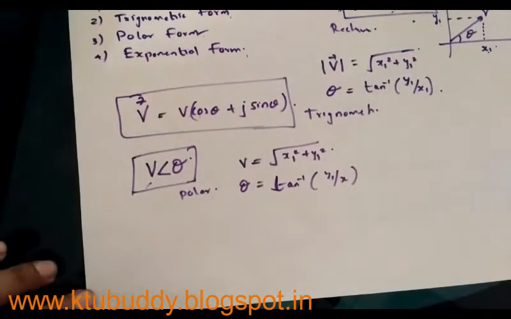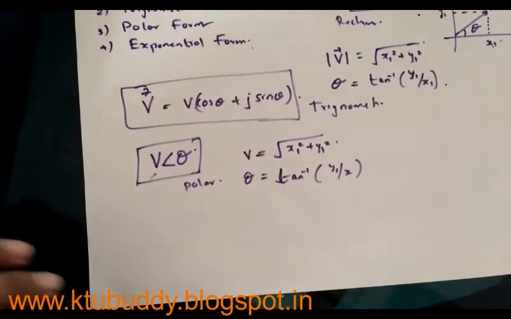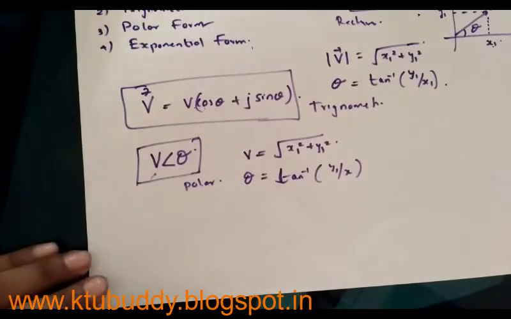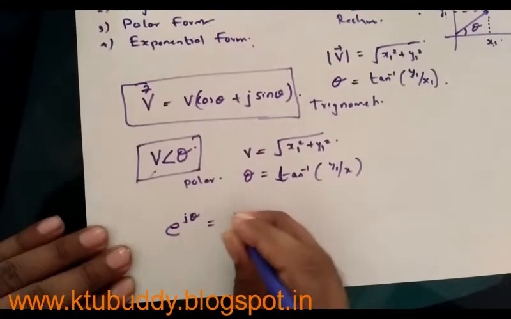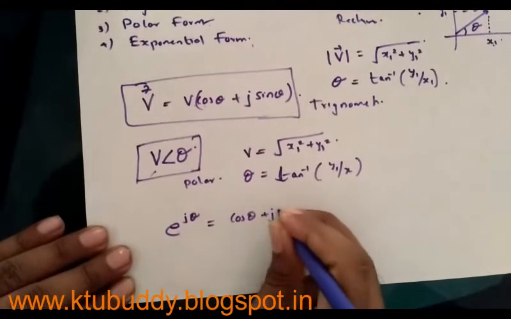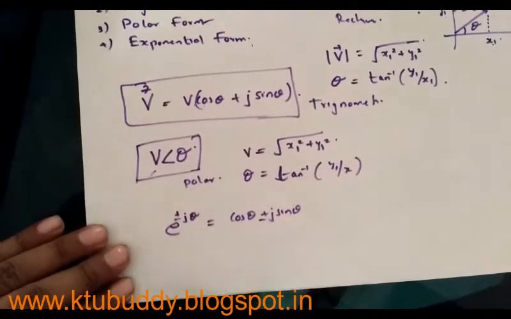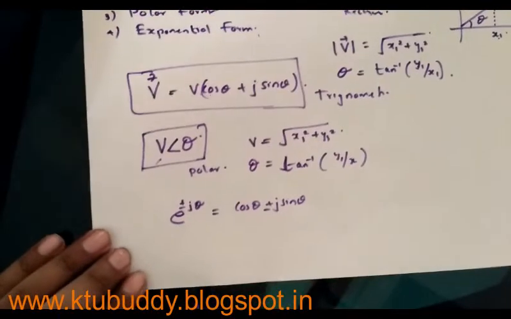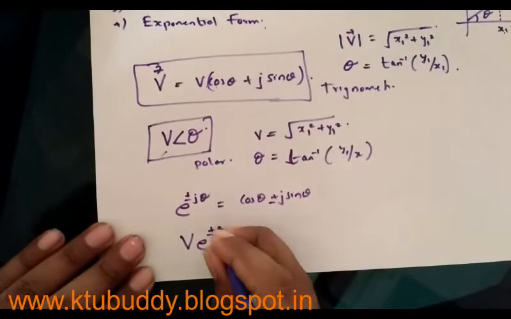Next one is exponential form. Exponential form is representing the vector as an exponential power. We know that e raised to j theta is given by cos theta plus j sin theta, or e raised to plus or minus j theta is given by cos theta plus or minus j sin theta. From this expression, I can represent a vector in the form v e raised to plus or minus j theta.